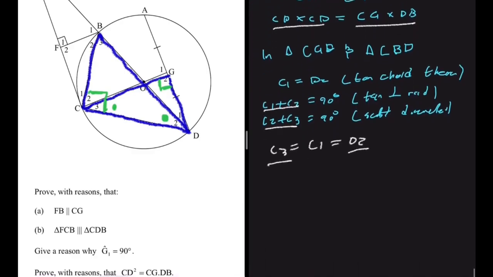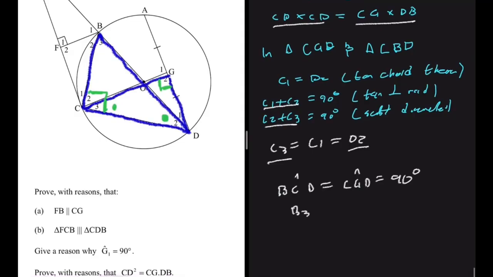And then angle BCD is equal to angle CGD because they are all equal to 90 degrees, right? We have talked about why that is the case. So we can go ahead and say that angle B3 is equal to angle D2 plus D1, being the third angle on the triangles, right?